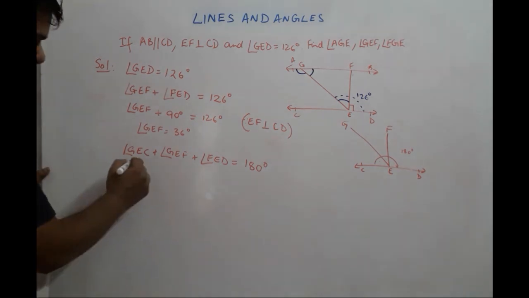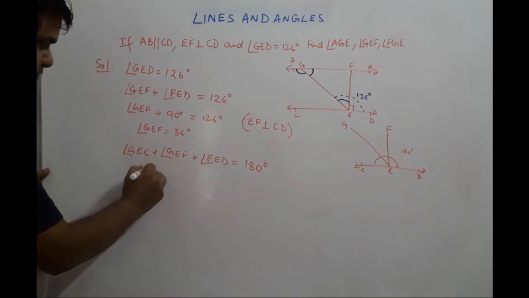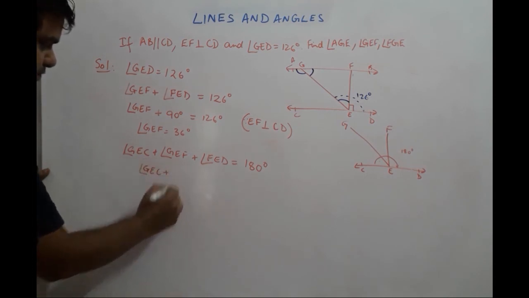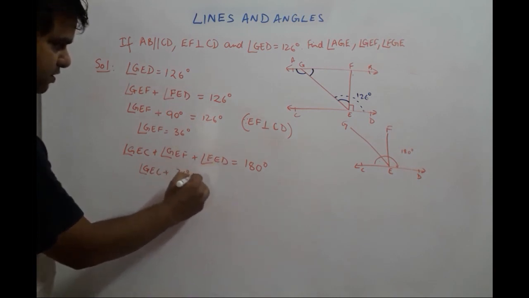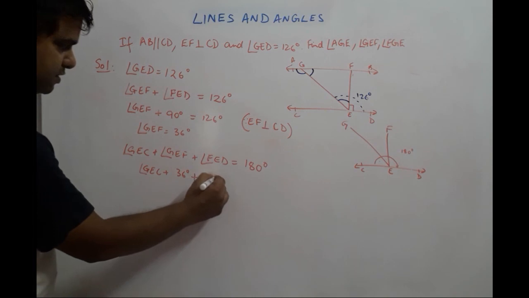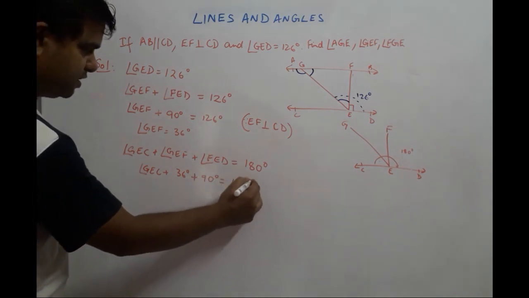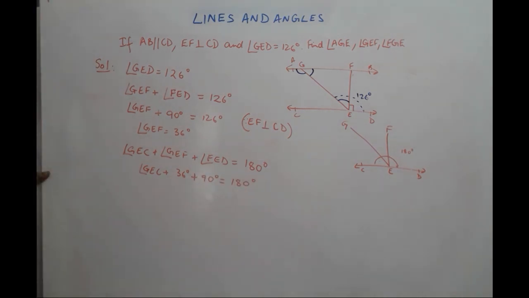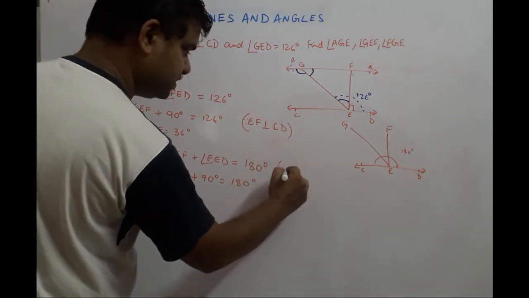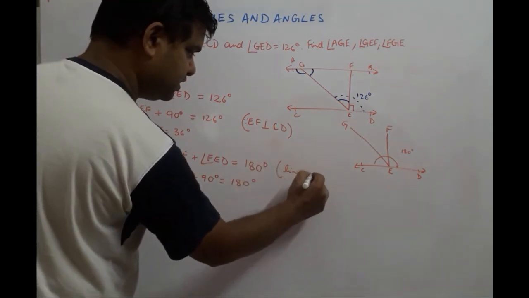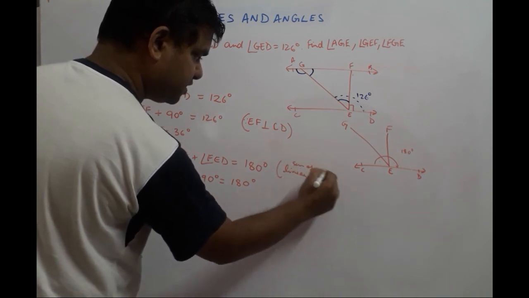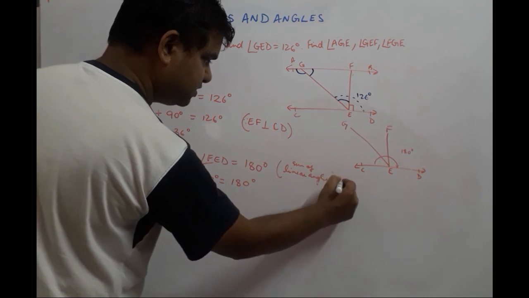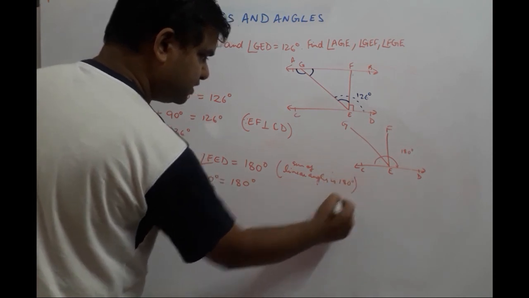Now angle GEC is something that we need to find out. GEF is 36 degrees and FED is how much? 90 degrees. And you have 180 degrees. So this we can say is linear angles, or sum of linear angles is 180 degrees.